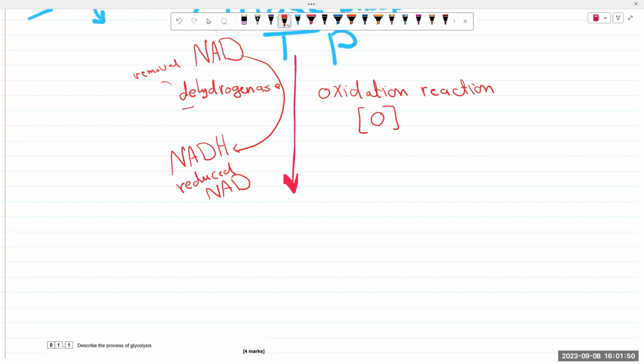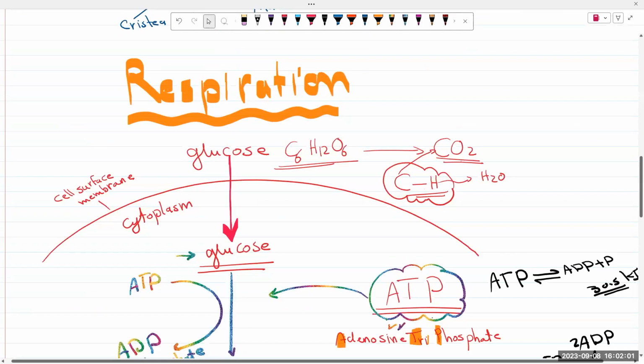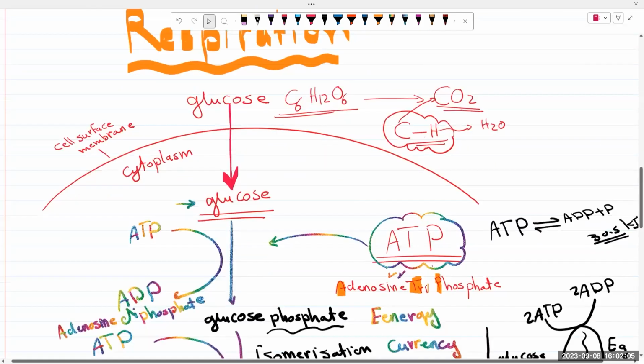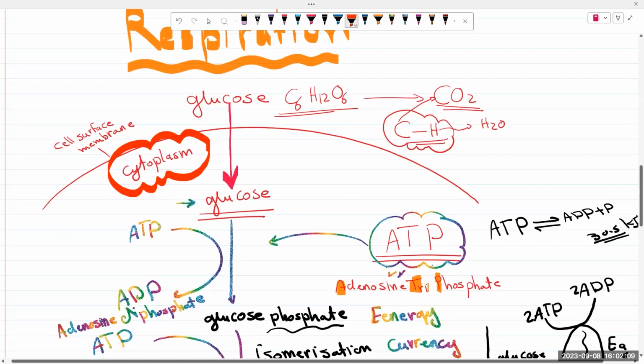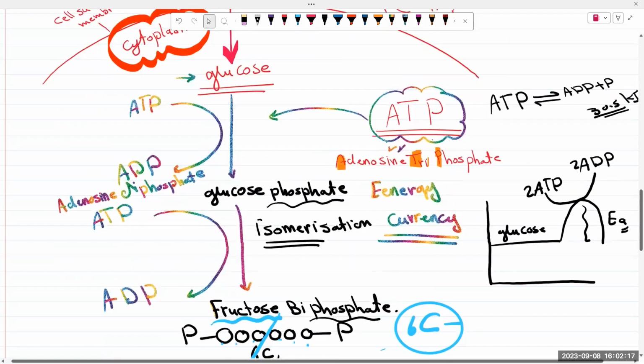Is it clear? Okay. Again, let's summarize what's going on up till now in that reaction. First, the cell will take up glucose, and now we are in the cytoplasm, right? To start the process of respiration, we have to give activation energy, and the molecules which give energy inside our bodies are ATP.